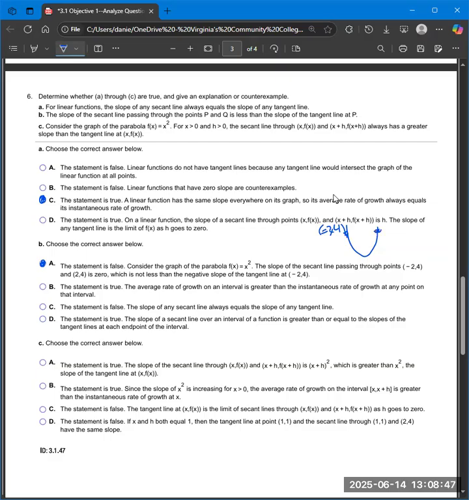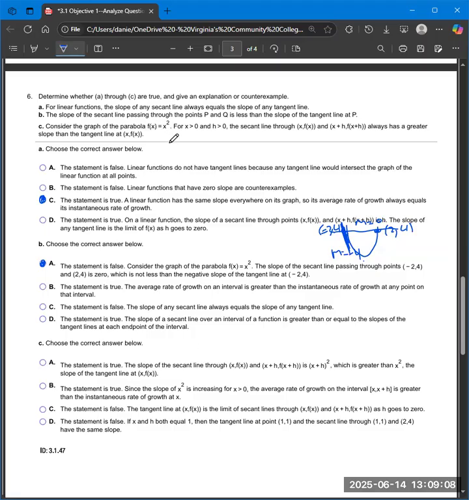Let's show you what we're talking about. Here's a secant line that has a slope of 0, but this tangent line right here has a slope of, I'll tell you, -4, and 0 is not less than -4.